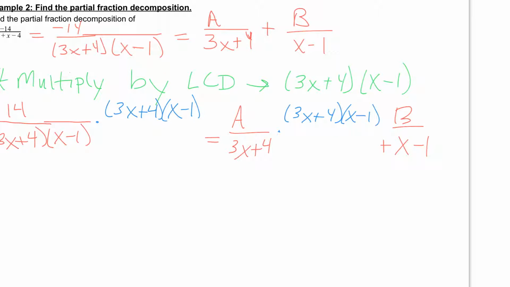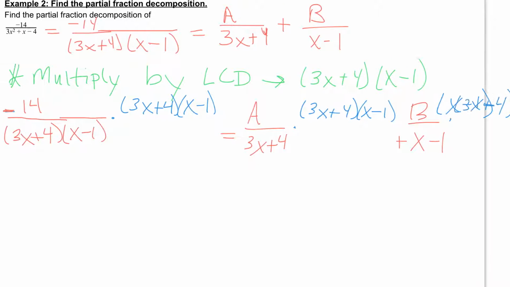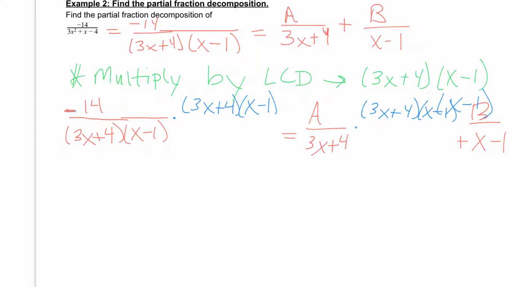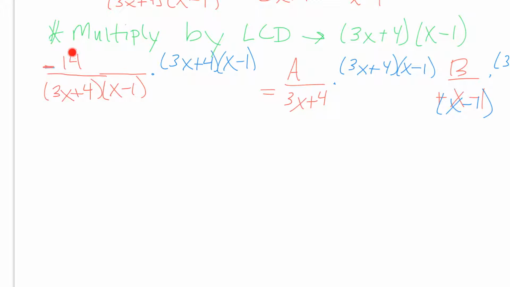And I am also multiplying that by 3x plus 4 times x minus 1. So basically I have every single thing multiplied by that 3x plus 4 times x minus 1. And if we scroll over to the beginning, you can see it here as well.